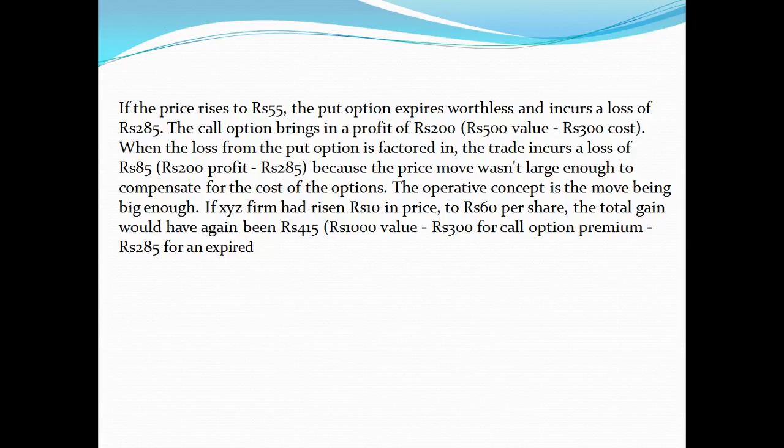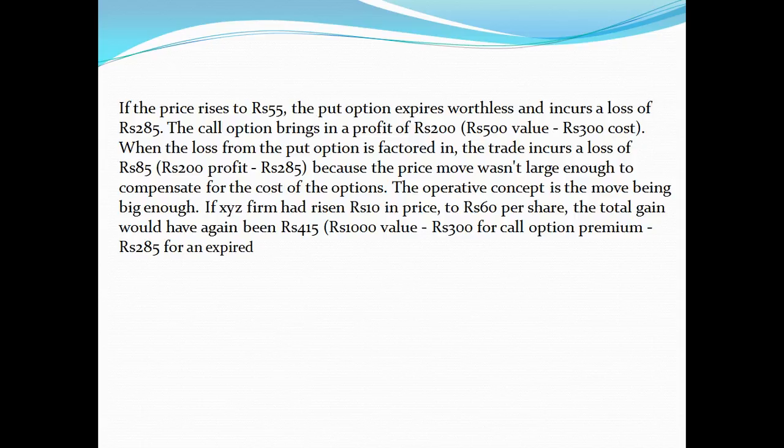If the price rises to 55, the put option expires worthless and incurs a loss of 285. The call option brings in a profit of 200 rupees, 500 minus 300. When the loss from the put option is factored in, the trade ends in a loss of 85, that is 200 minus 285, because the price move was not enough to compensate for the cost of the options.